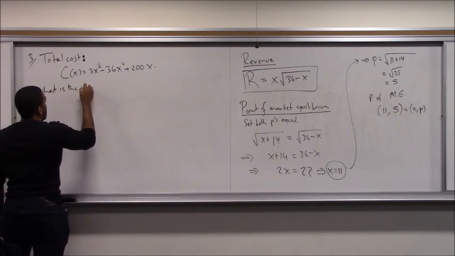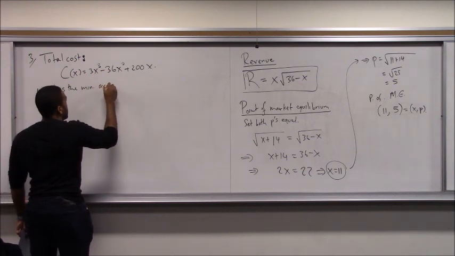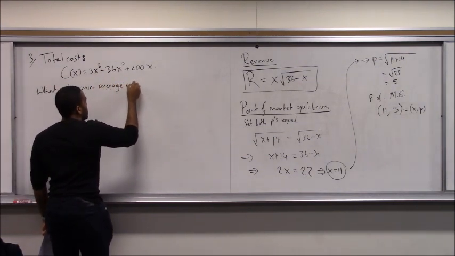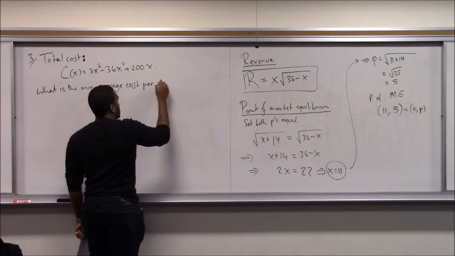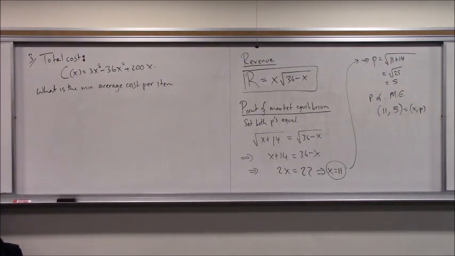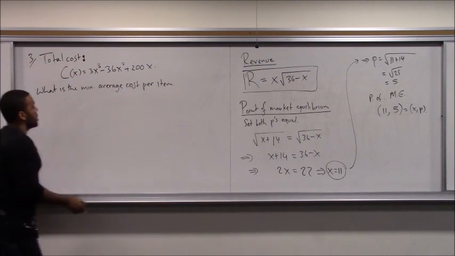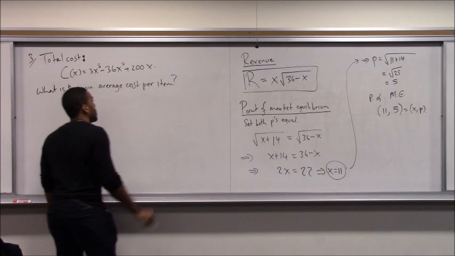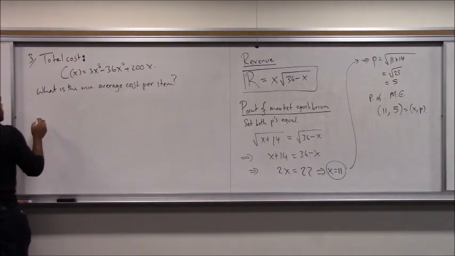What is the minimum average cost per item? So how do you go about doing that? Factor x out.